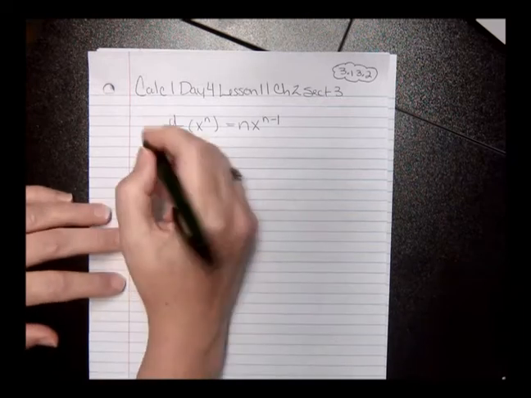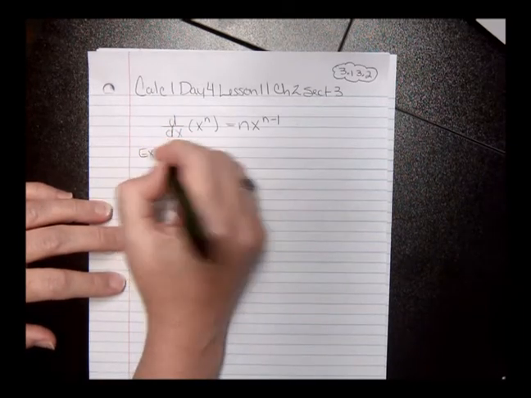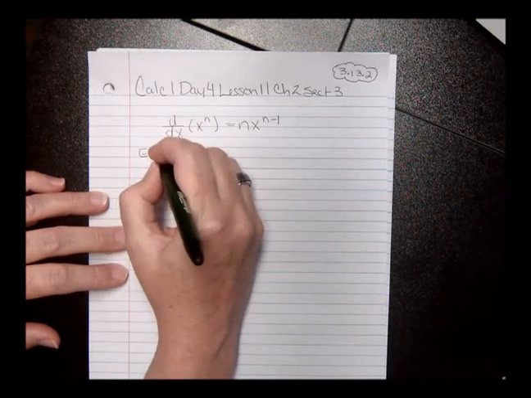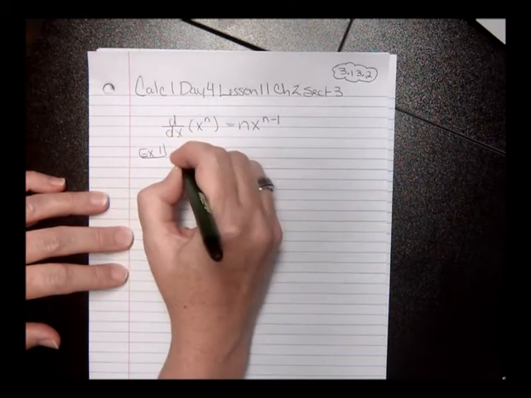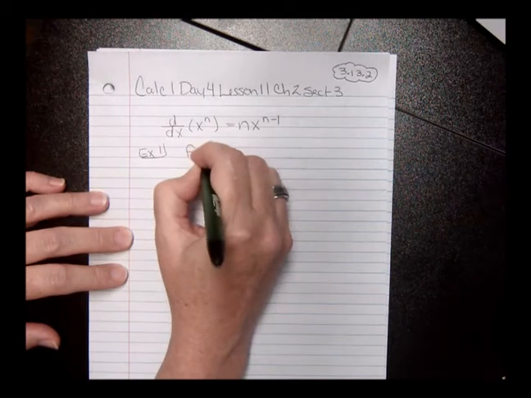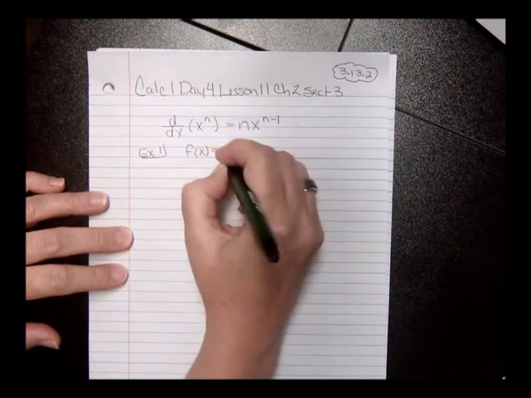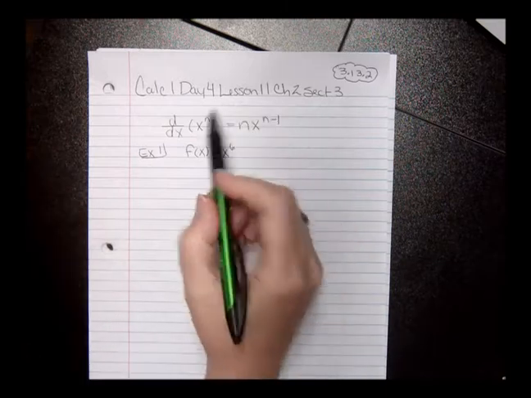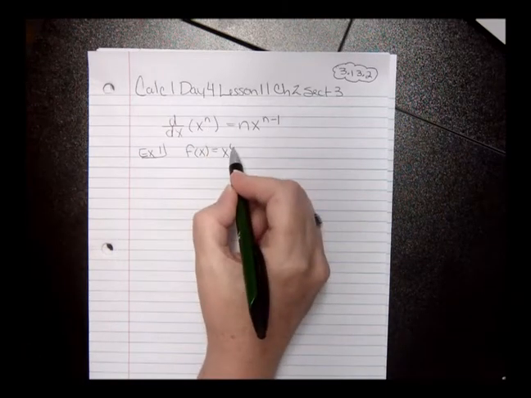So for example, if we have f of x equaling x to the 6th, x to the n, x to the 6th.